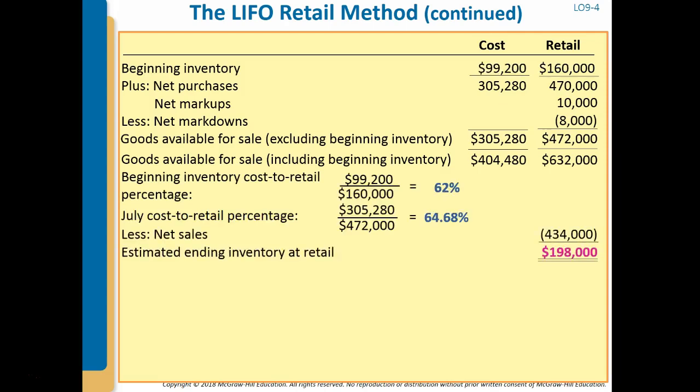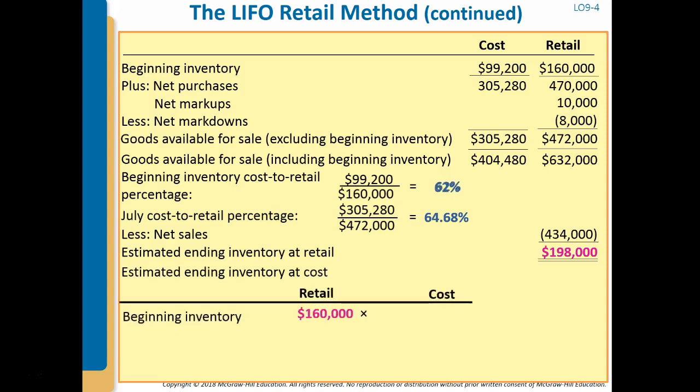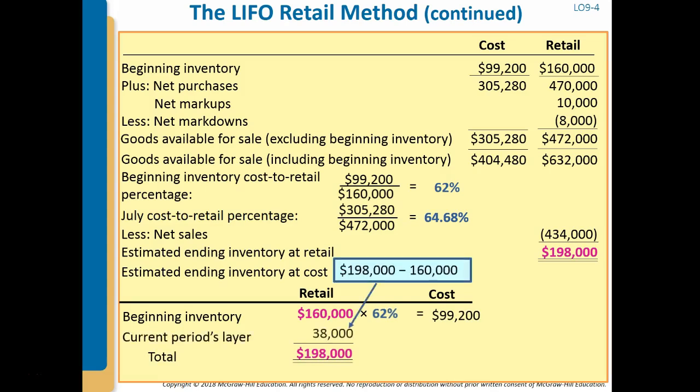Recall that beginning inventory at retail is 160,000 and ending inventory at retail is 198,000. If we assume stable retail prices, inventory quantity must have increased during the year. This means ending inventory includes the beginning inventory layer of 160,000, 99,200 at cost, as well as some additional merchandise purchased during the year.